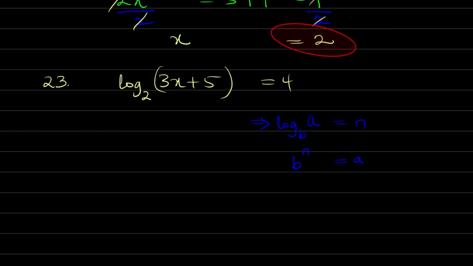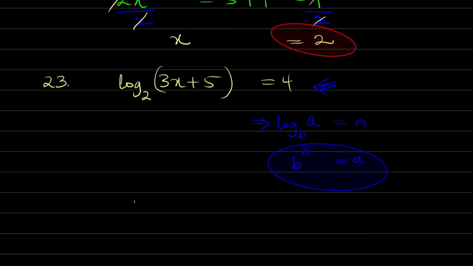And since we are already in the logarithm format as given in the question, we need to change to this format, which will now enable us to solve for x.